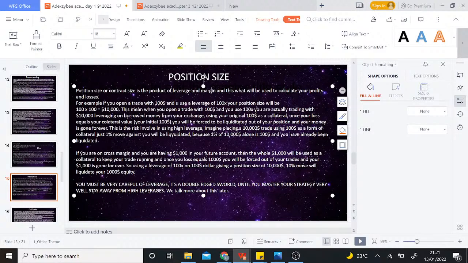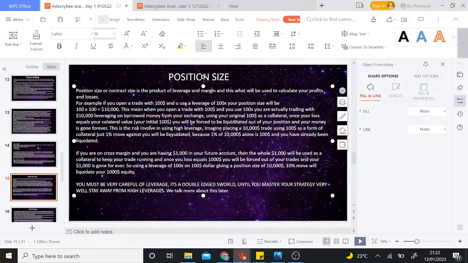This means that if you open a trade with $100 and you use a leverage of 100x, your position size will be 100 times 100. That means you use a margin of 100 and you leverage it with 100x.